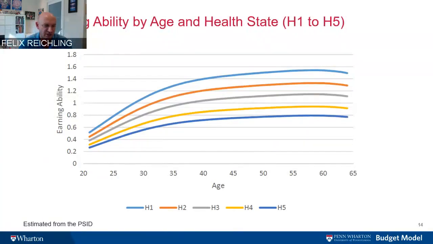They are subjective health states where people are being asked, how healthy are you? What's your health like? Health state 1 is excellent, and then very good, good, fair, and health state 5 is poor. You can see that there are big differences. Somebody in health state 5 makes roughly 50% of the average wage of somebody in health state 1.